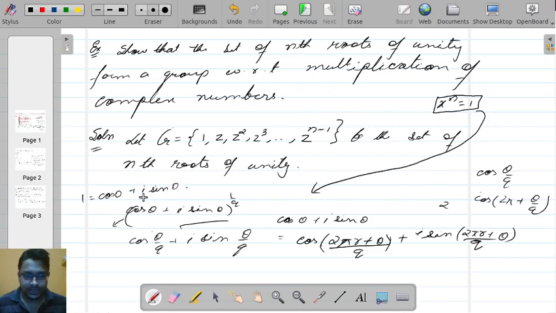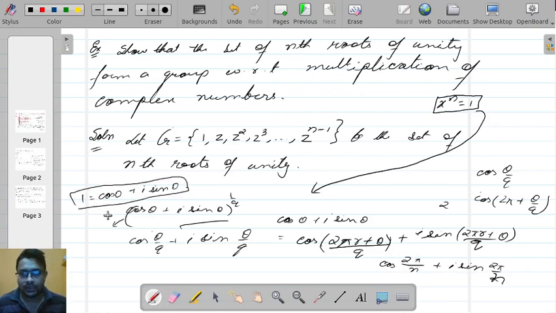And then we can write the other values using this 2 pi r by n. For r equal to 1, it is cos 2 pi by n plus i sin 2 pi by n. This is the second value. So if n is, suppose, 3, it's cos 2 pi by 3 plus i sin 2 pi by 3. Only one of them is the real root of unity. The others are complex roots.